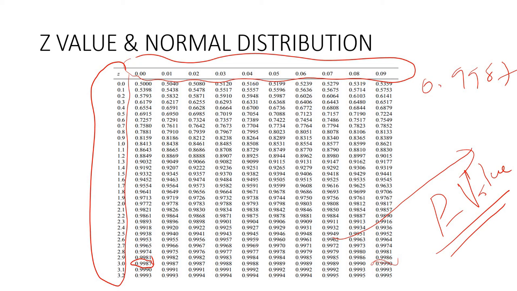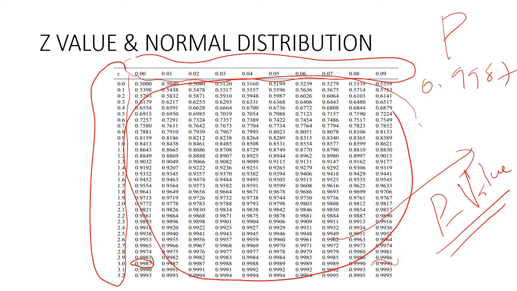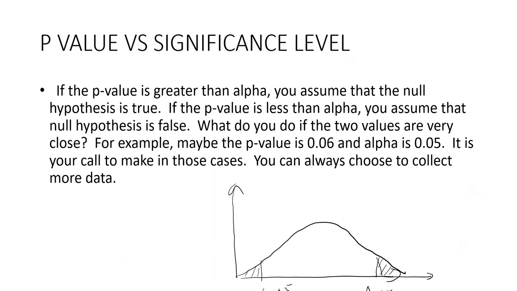Our value is 3. This is the p value. See, this is the z value given here, and all these values are p values. So we got the p value for 3, it is 0.9987.